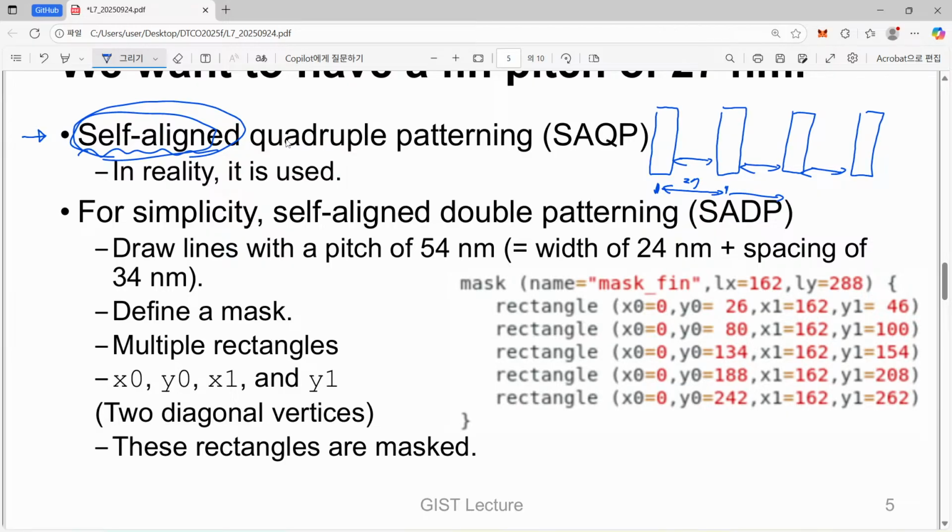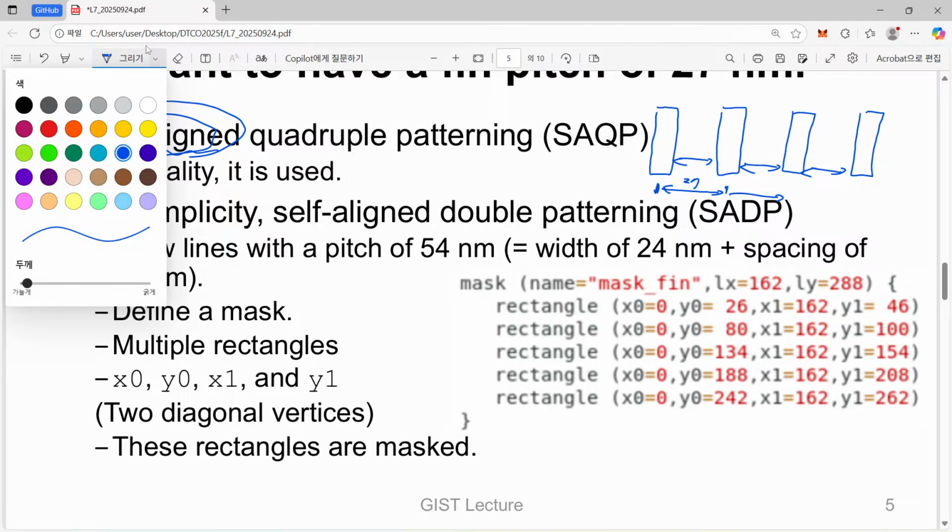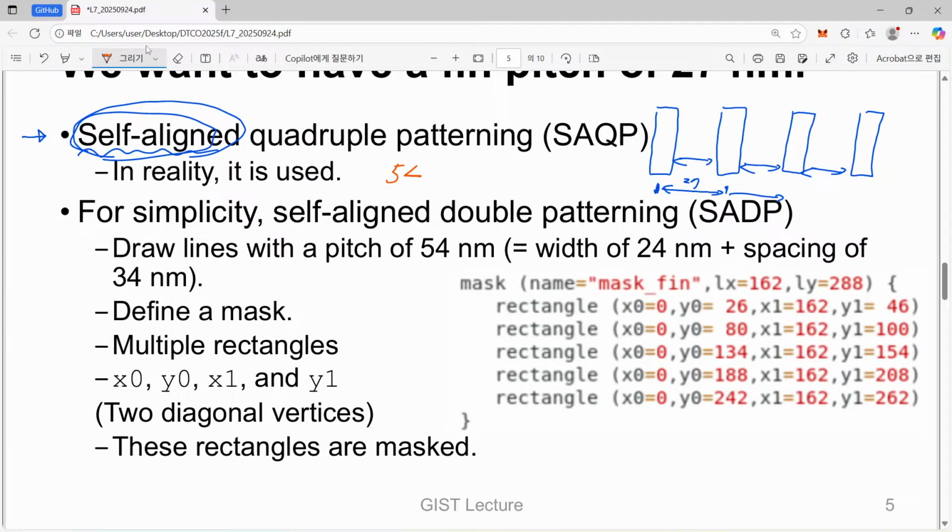Oh, I cannot draw these lines with a pitch of 27. So what you can do actually is, although I cannot draw lines with a pitch of 27, let's assume that I can draw lines with a pitch of 54 nanometer, twice wider.